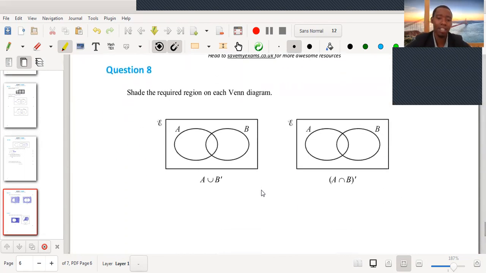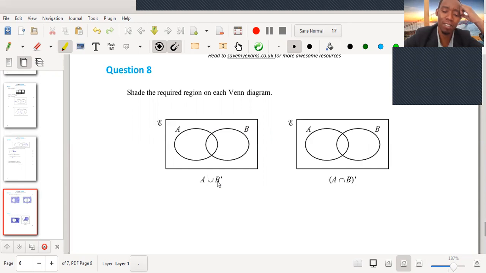Number 8. A union B complement. What do we do? That means we first of all shade B complement.